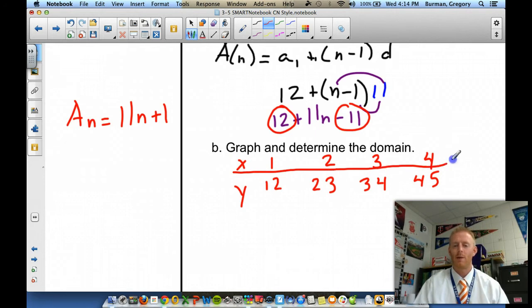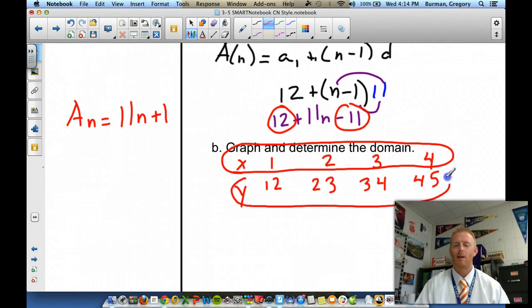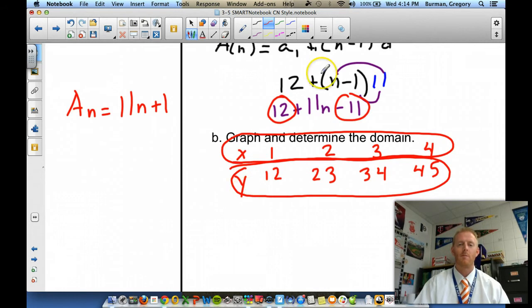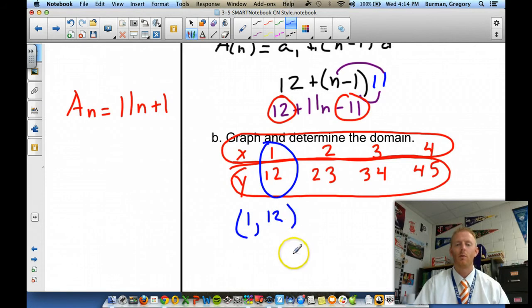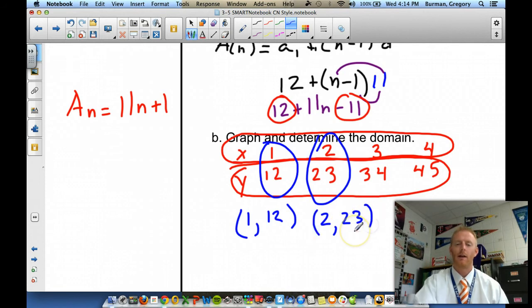So this is my domain, because remember that x is the domain. This is my range, the y values, and I would be able to easily graph these because I am making ordered pairs. 1, 12. So that's an ordered pair that I can graph. 2, 23. An ordered pair that I can graph.